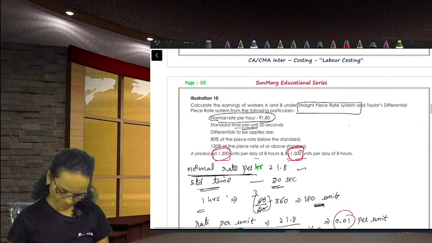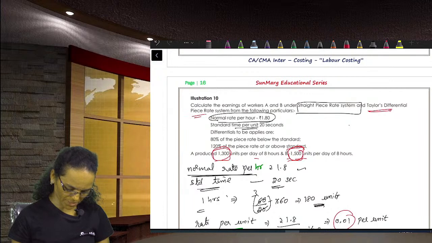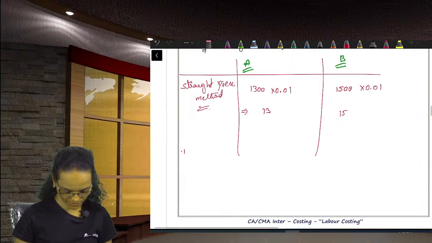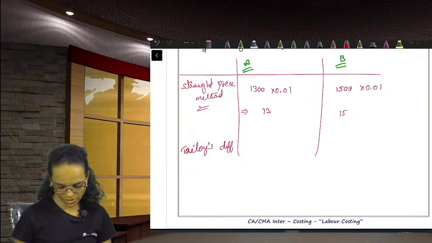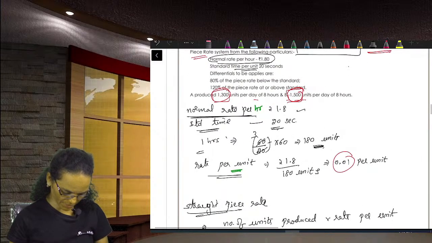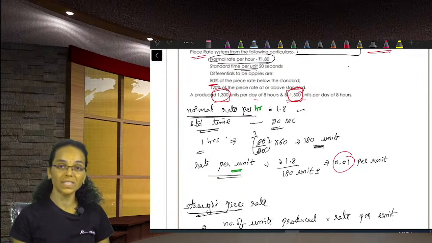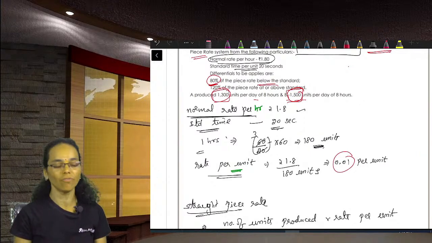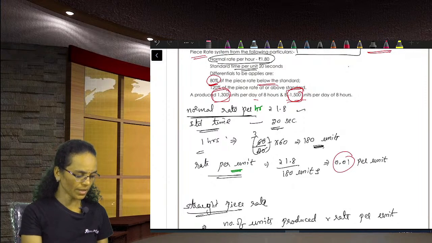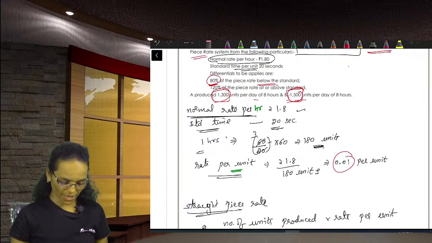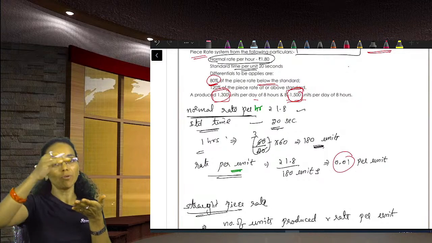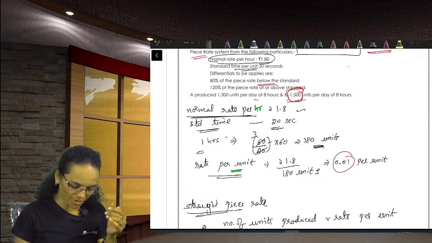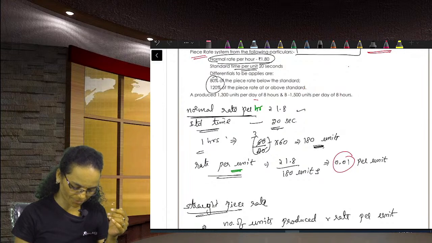Next one, Taylor's differential piece rate. Here, if the performance is below standard, he will be paid 80% of the piece rate. If performance is at standard or above standard, he will be paid 120% of the piece rate.